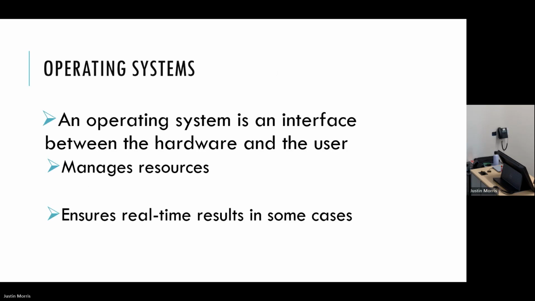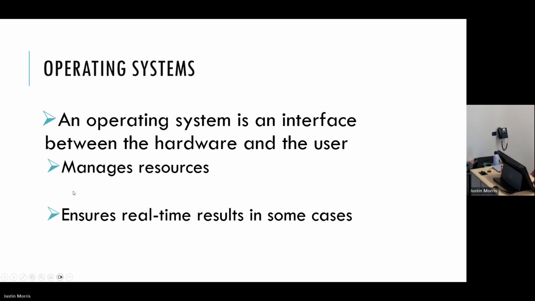All right. So part of the software that is running on these embedded devices is the operating system. The operating system is going to be the interface between the hardware and the user, and it's going to manage your resources.